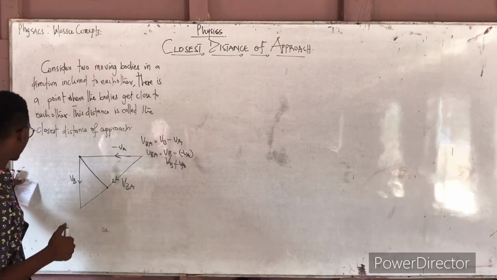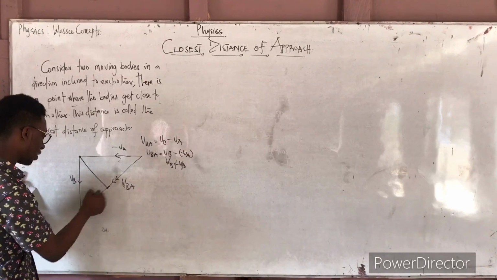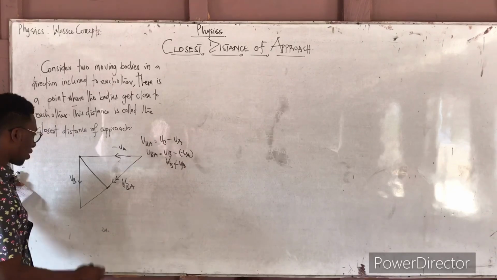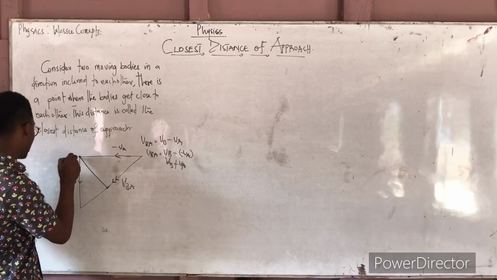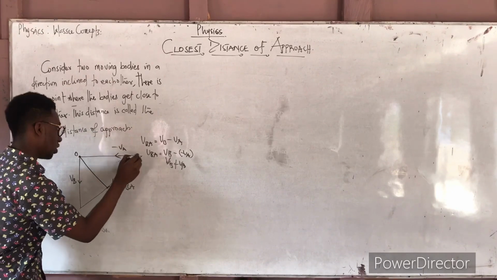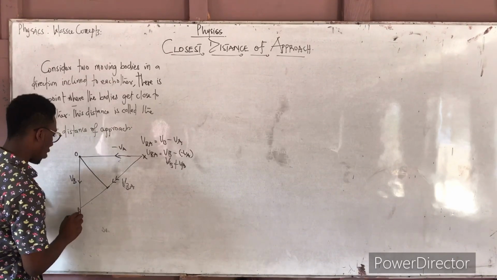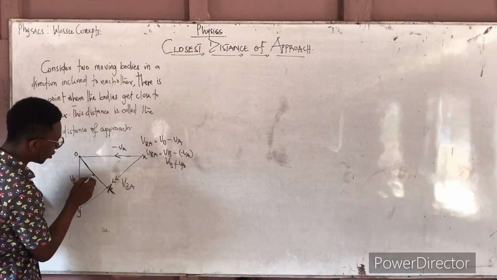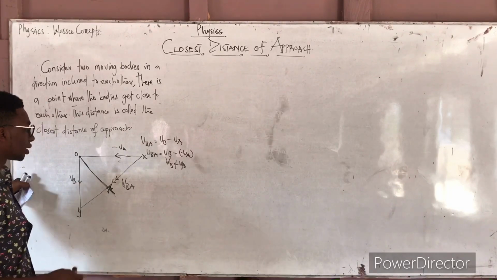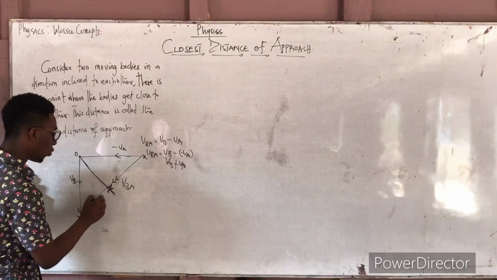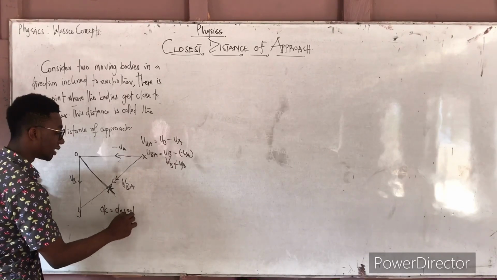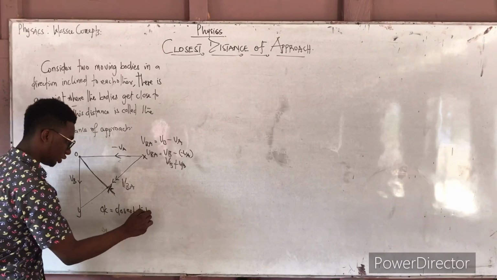So the line that is drawn perpendicular to the resultant velocity, let's label the points here as O, X, and Y, and this point as K. Now the line that is drawn perpendicularly to touch the resultant velocity, that is OK, is referred to as the closest distance of approach.